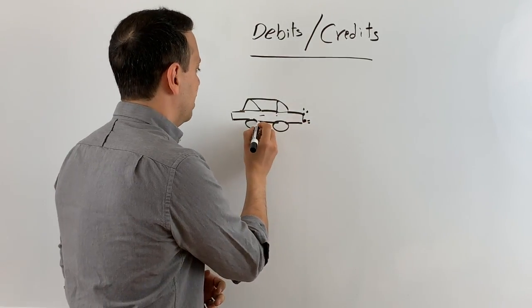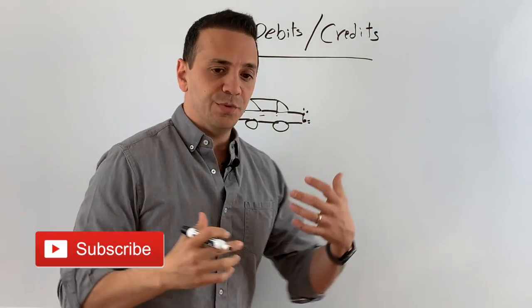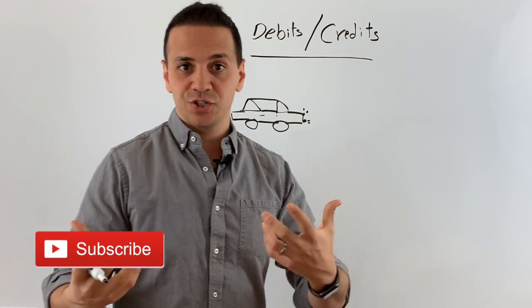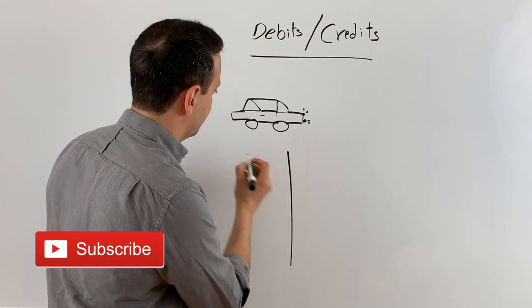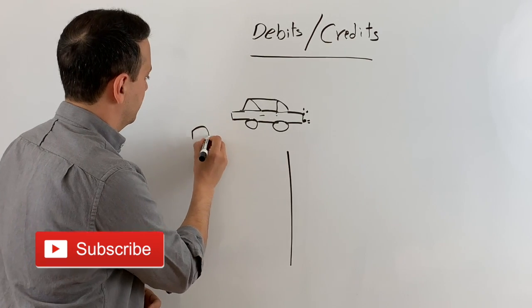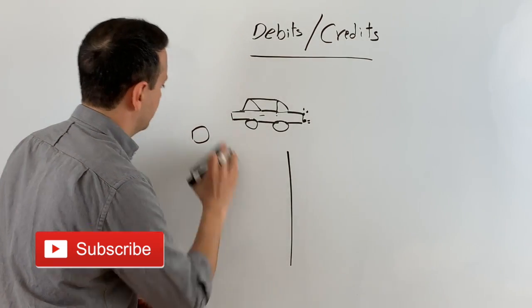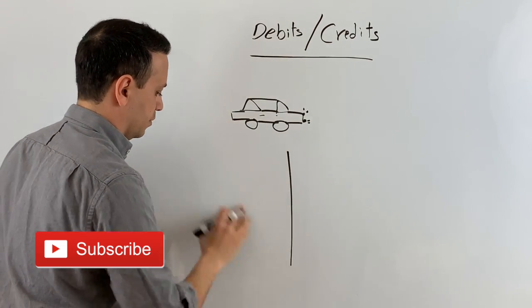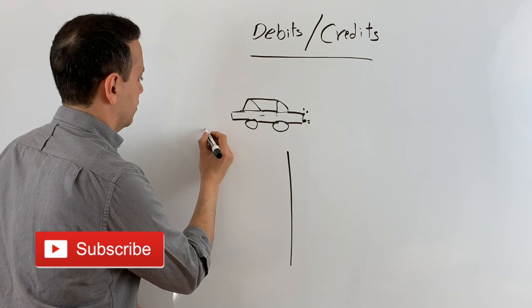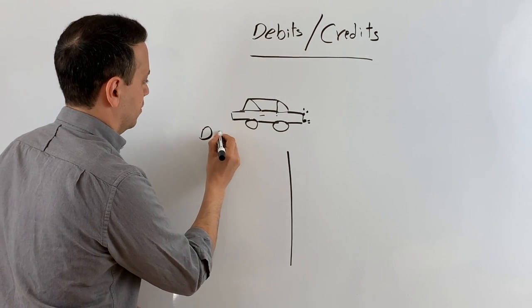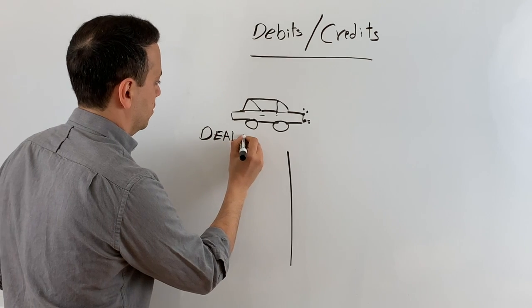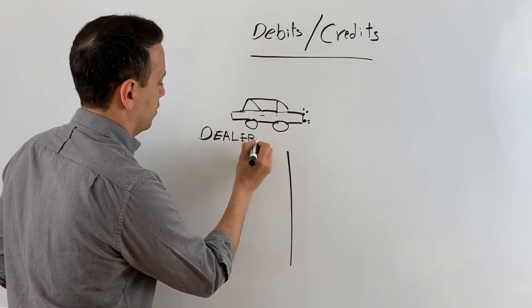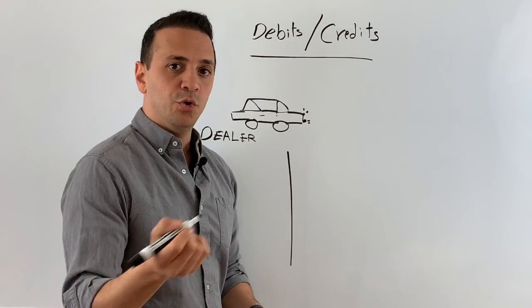And so if we are selling a car, there are two sides of every transaction. In this case, there is the dealer, and then there is you.